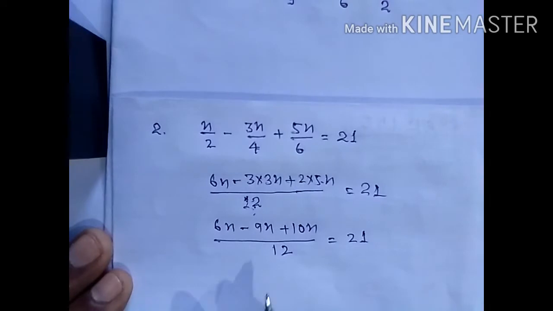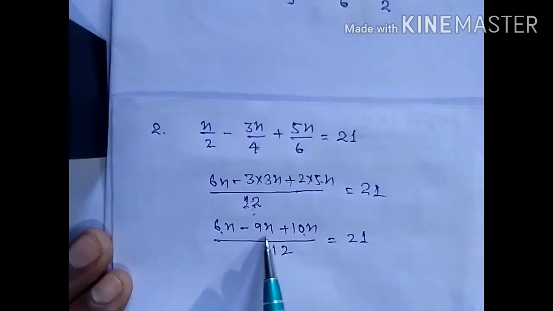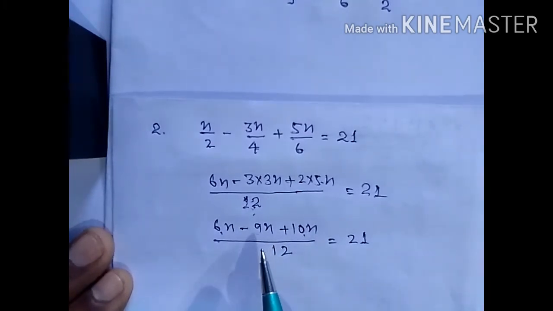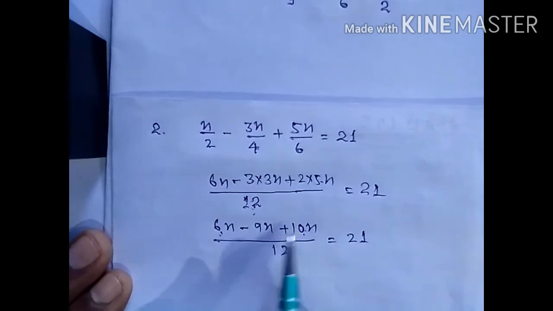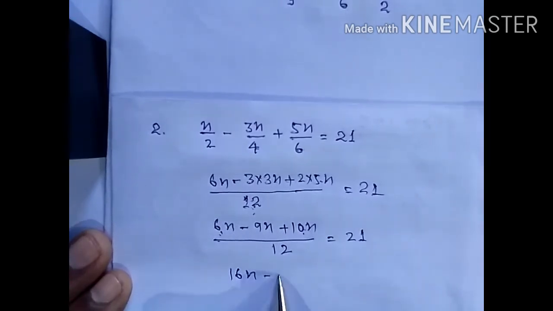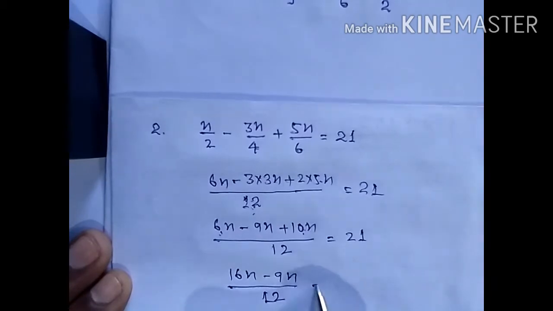Now we add the positive terms, 6n and 10n, and this one is minus 9n. 6n plus 10n is 16n, minus 9n by 12 is equal to 21.